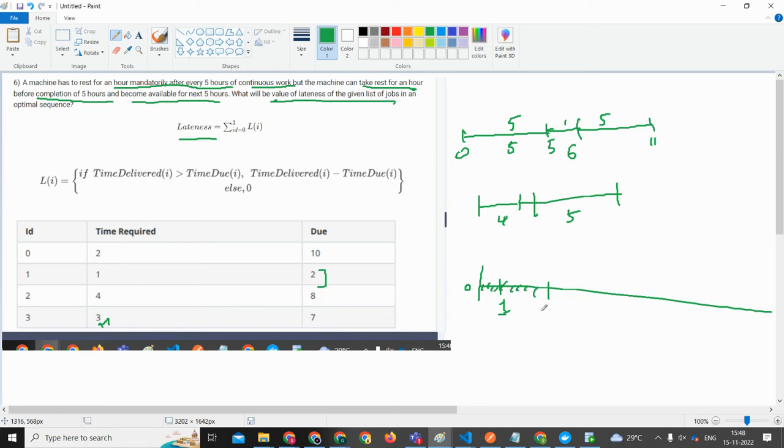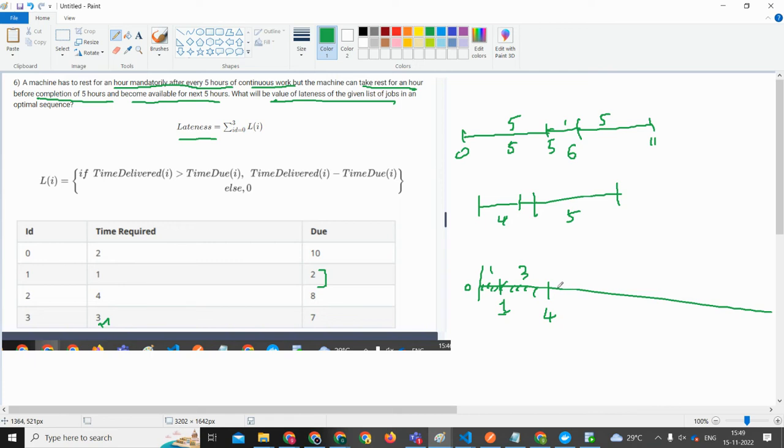For the next 3 hours, by the end of the 4th hour you will be completing job ID 1 and job ID 3 with zero delay, right? Now that it has worked for 4 hours in total, the next job is either 2 hours or 4 hours, right?